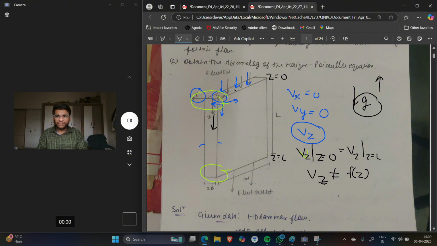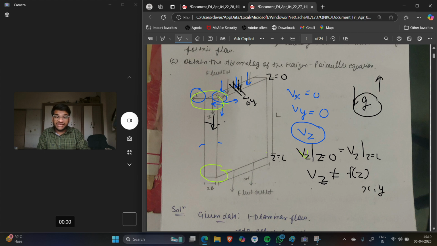Okay. Now the other two directions are x and y. It can be easily seen that in the y direction all fluid particles will have the same velocity. Suppose you have chosen the y coordinate over here, this is my delta y direction. All the fluid within this small delta y will have the same velocity.